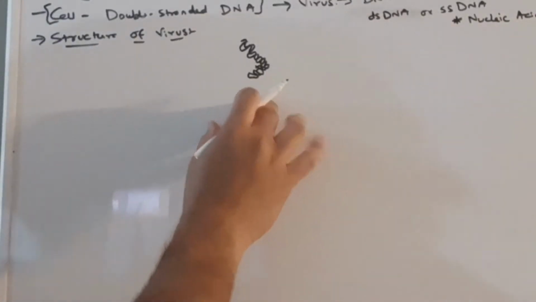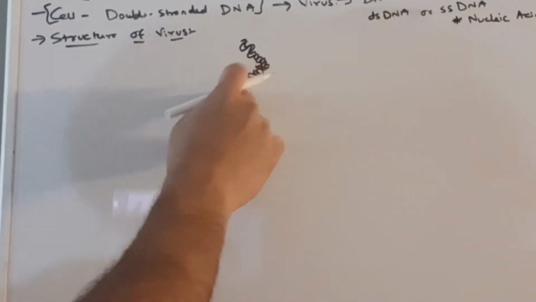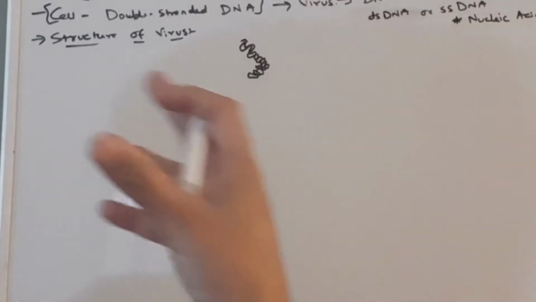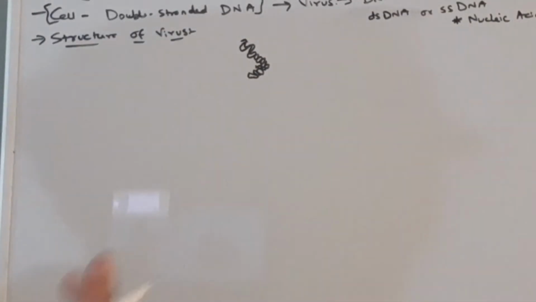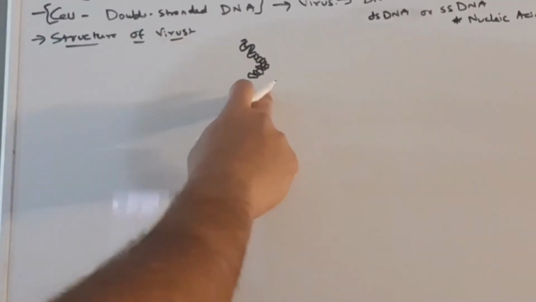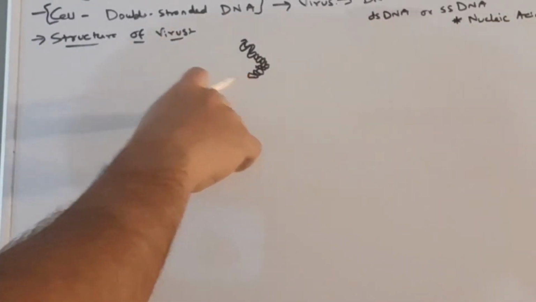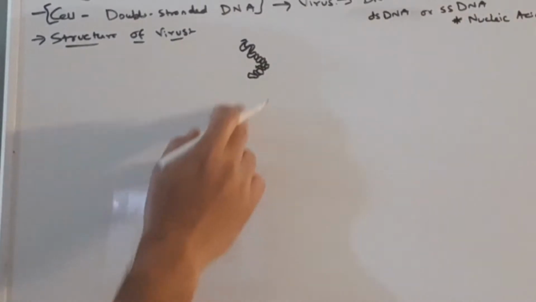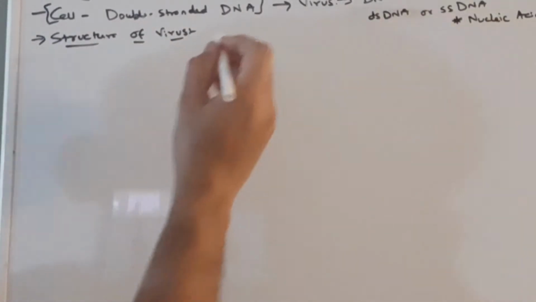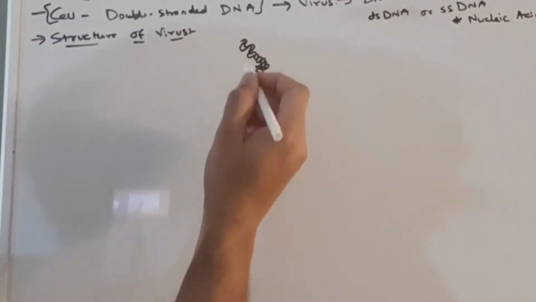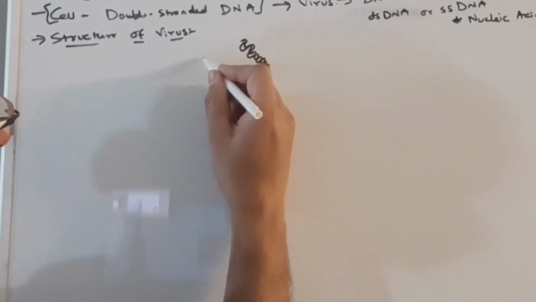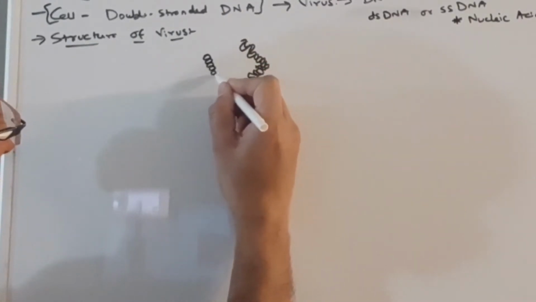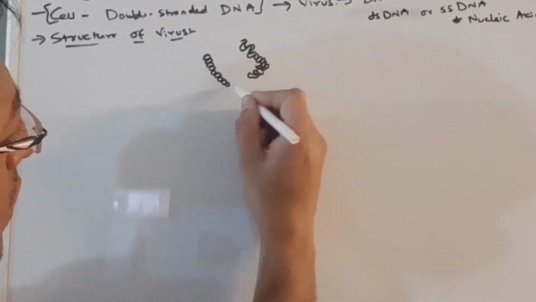So in order to protect this fragile nucleic acid from this harsh environment, the virus surrounds its nucleic acid with a protein shell. So it surrounds this with a protein shell. I'll try to draw.